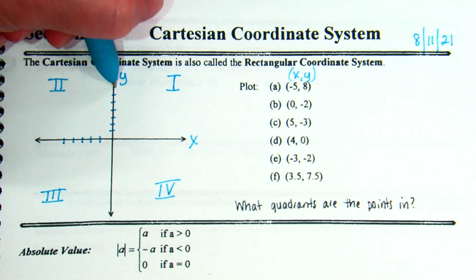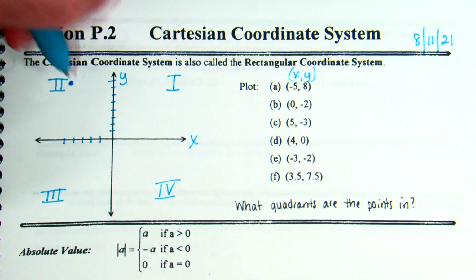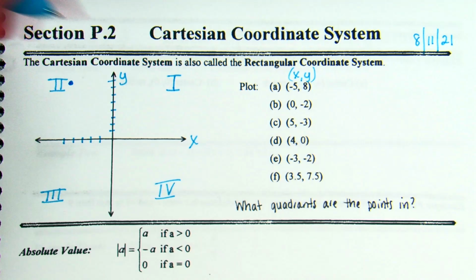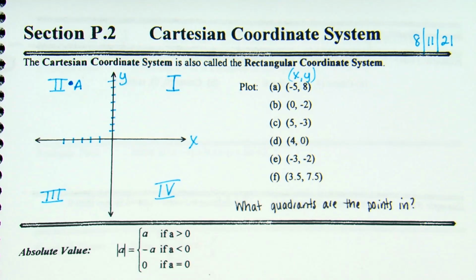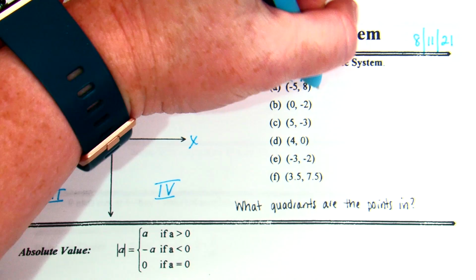It's not going to be hugely formal here. There's my point, and I'm going to call this point A, because it was problem A. So we went left and we went up. What quadrant did that land in? Quadrant 2. And I'm just getting ahead of the game because that question's asked at the end.